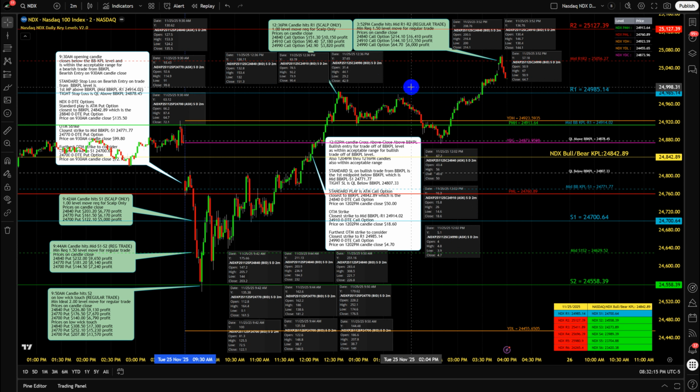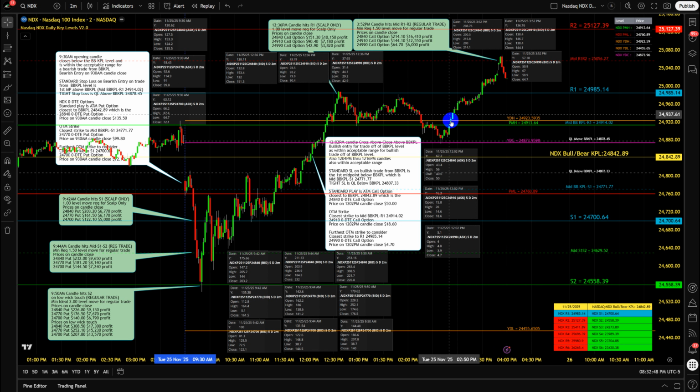You just have to be cognizant of the fact that since these options are a lot more expensive, the at-the-money strike here being $5,000, if you're not going to do scalps with the NDX and you're going to do regular trades, then you may want to consider only doing regular trades with the lower price options that may come into play later on in the session, such as the case here.